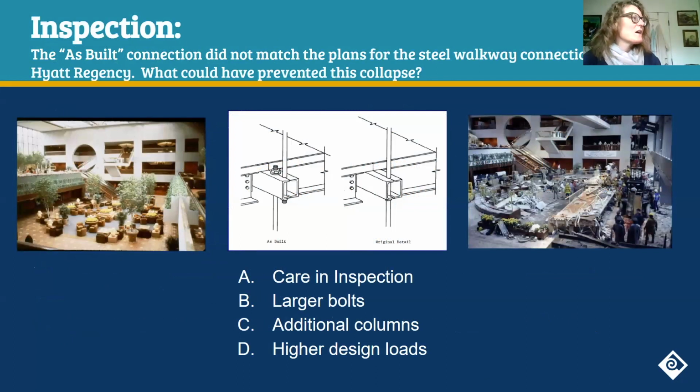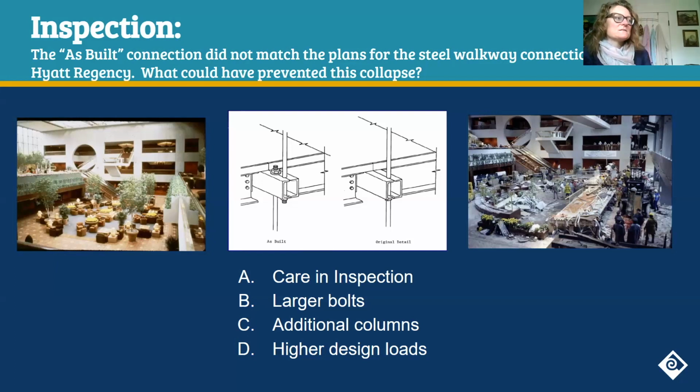Another important part of our program is inspection. These are like building inspections. We have a series of pictures here of a hotel atrium or lobby, and it has collapsed. In the picture on the right, there's been a collapse.